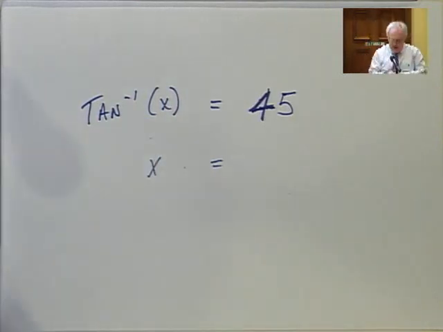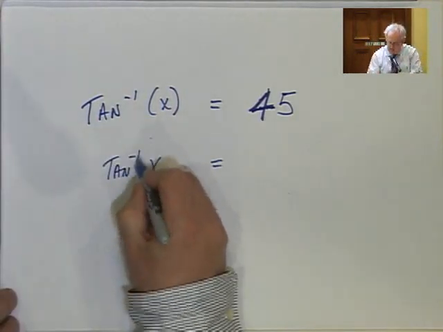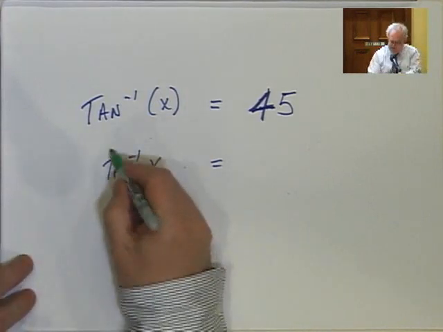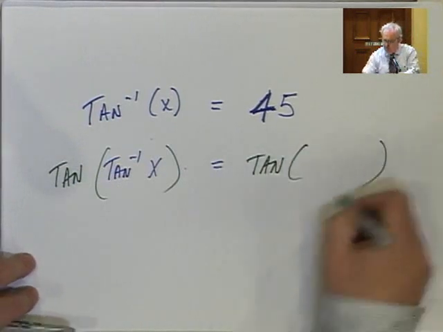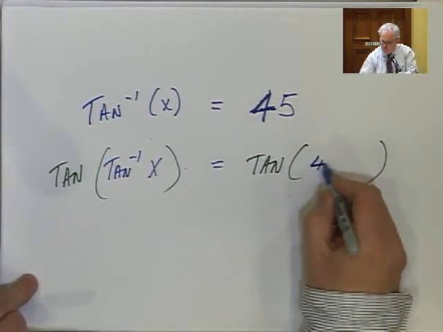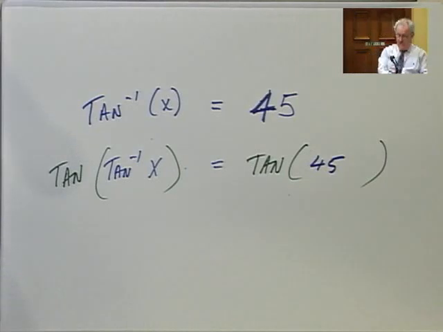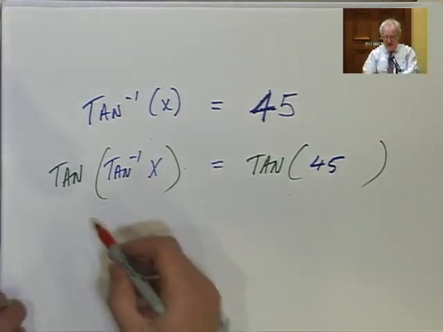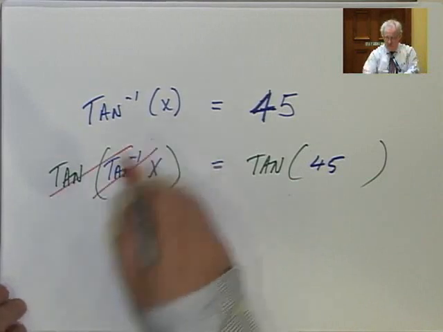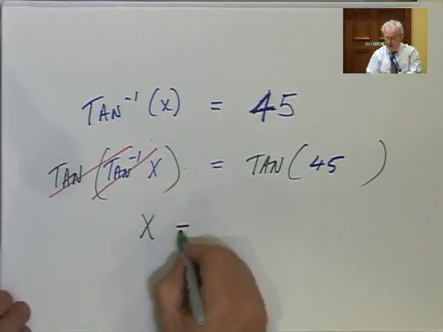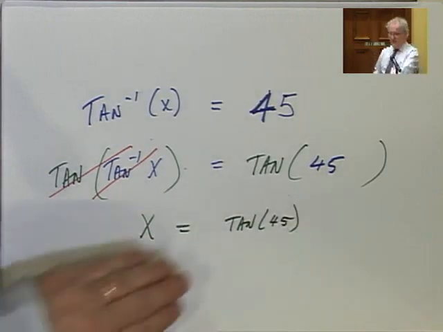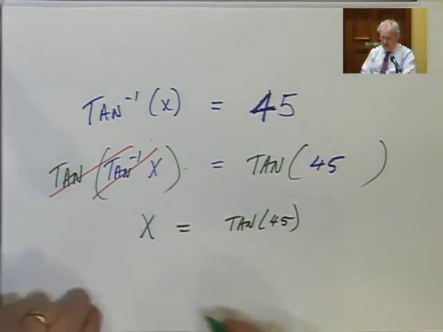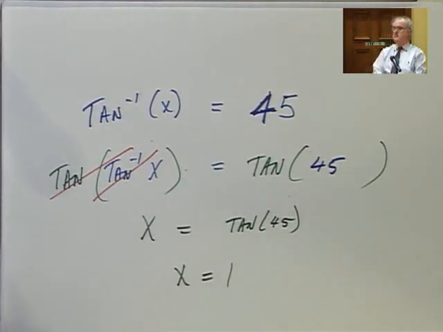So I leave the tan inverse here, and if I took the tan of all of that, then I'd have to take the tan of all of the other side. And really, why did I take the tan of the inverse tan? Not because it looked awful. Well, it does, but just to get rid of it. So x is tan 45. 45 is a number. Hit tan in the calculator. x is 1. Okay?